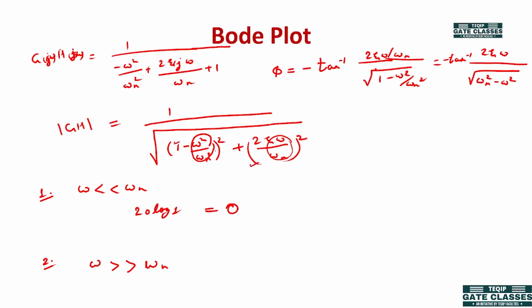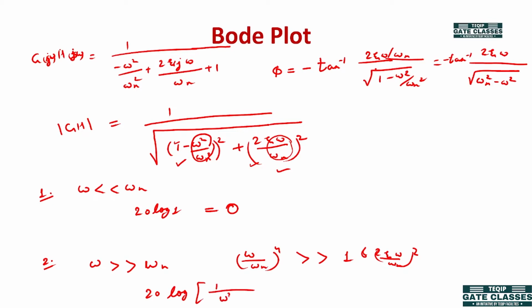And for very high frequencies, the terms can be neglected as compared to omega upon omega n to the power 4. This would be much greater than 1 and 2 zeta omega by omega n square. So these two terms can be neglected. So our magnitude becomes 20 log 1 upon omega square upon omega n square.